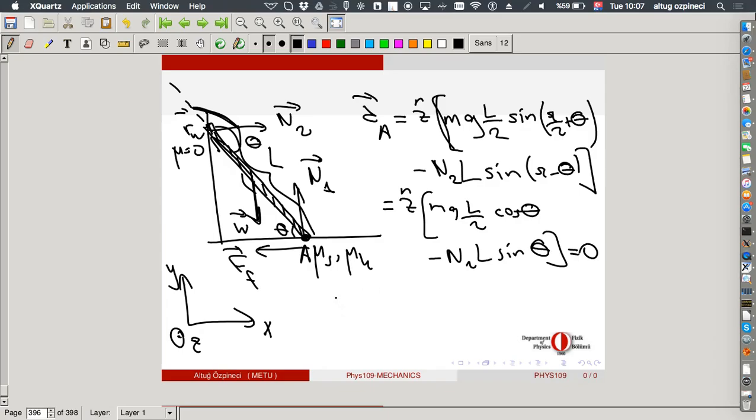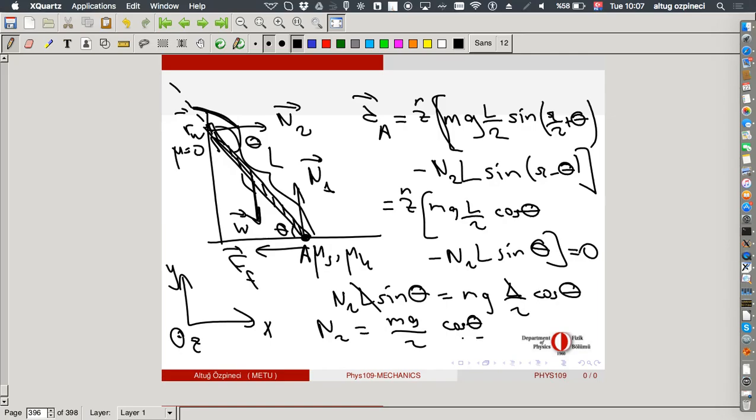And that tells me that N2 L sine theta should be equal to mg L/2 cosine theta. If we cancel the L's, N2 is equal to mg/2 times cosine theta over sine theta.